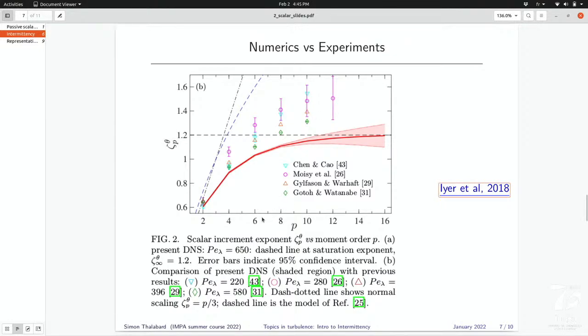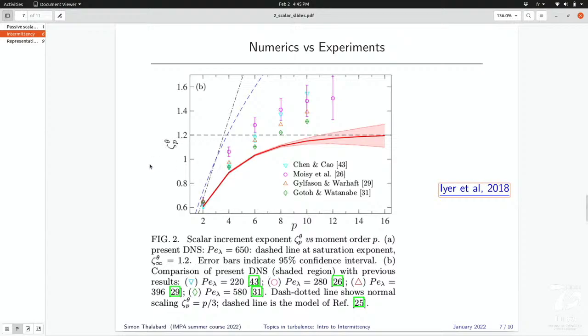And okay, I will comment on this line here, the red line, which represents the latest numerical results by this team. And just also to mention, this line here is the Kolmogorov prediction, the black line. It's the p over 3 prediction, which is written here.